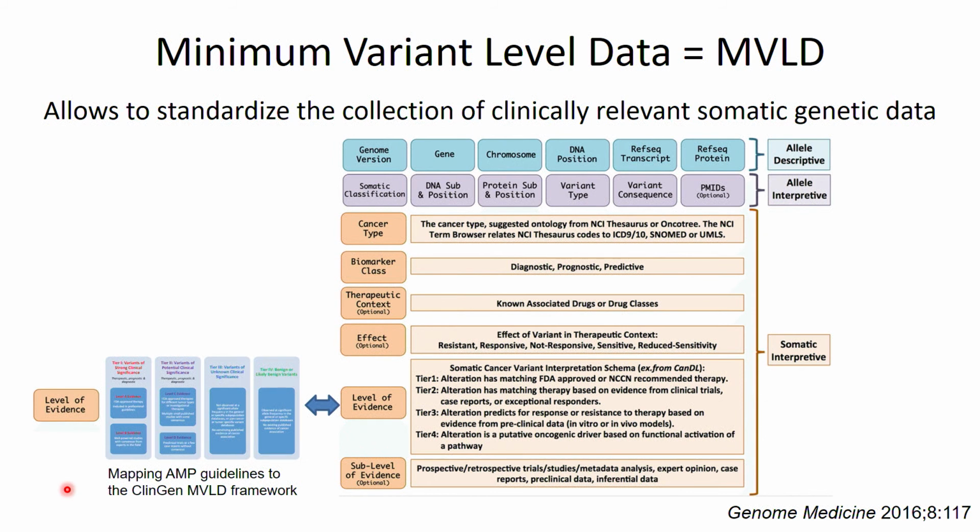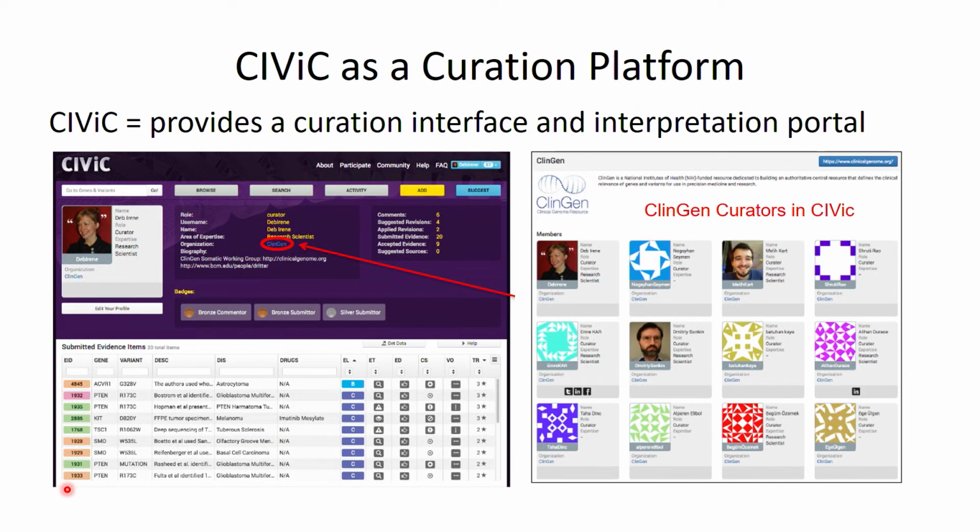And this was published before ASCO CAP guidelines were published for somatic variants, and after the guidelines were published, we coordinated MVLD definitions to incorporate the ASCO CAP guideline principles. This is just a screenshot from CIVIC showing that ClinGen is one of the organizations within CIVIC.